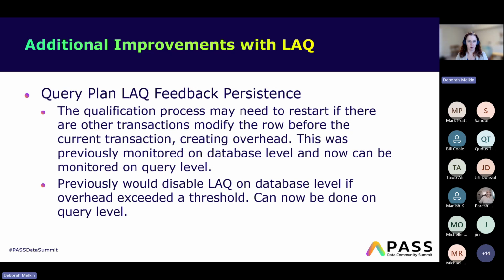The other thing that's important: notice when I said we did the lock after qualification, once that previously committed version was done, we still had to look at the new version to see if that record qualified before I made the change. Well, as you can imagine, when you have a pretty busy database and a lot of things are trying to read that row all at once, there's some overhead, right?